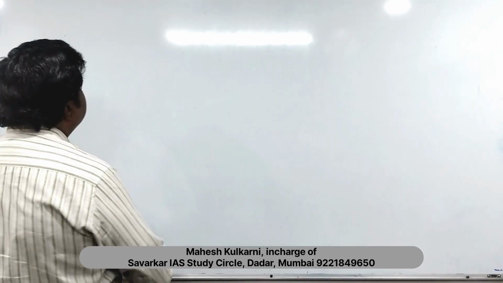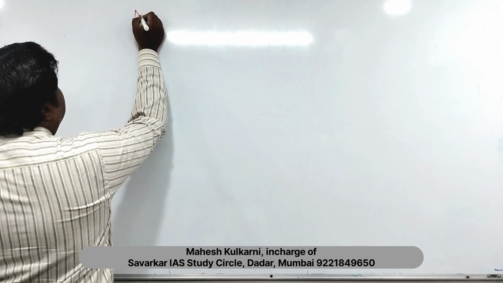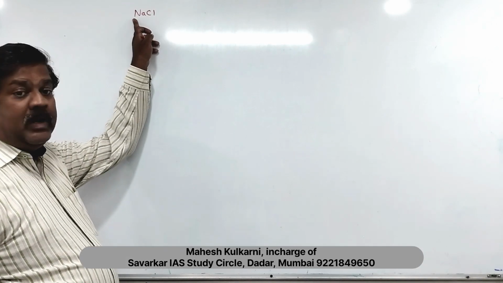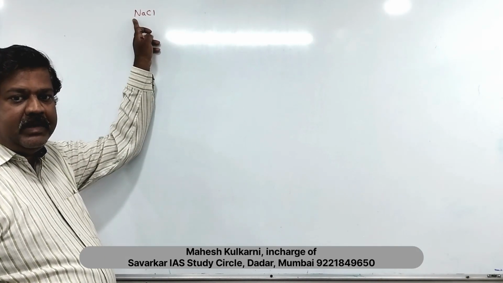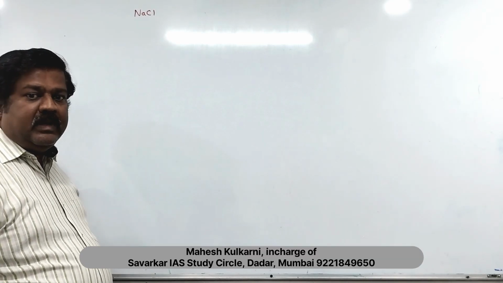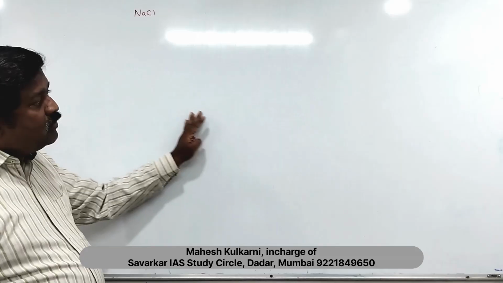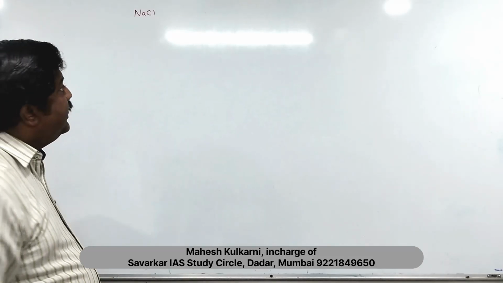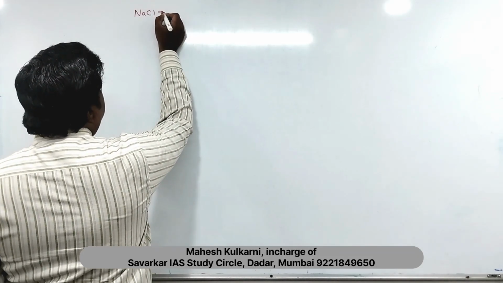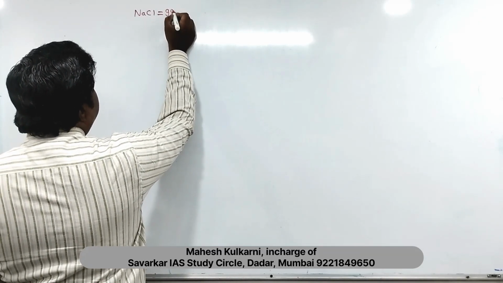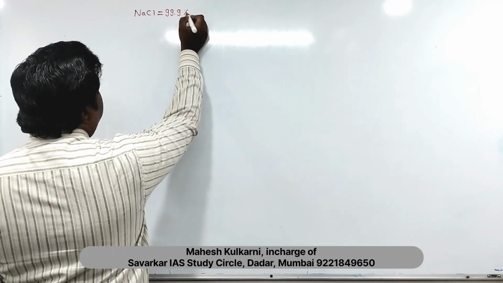So first thing, let us calculate separately. I hope you are able to read this small handwriting, because we have to calculate too many things, and I don't want to clear the board in between. So I am using a little bit smaller handwriting. So NaCl, which is 99.9%.